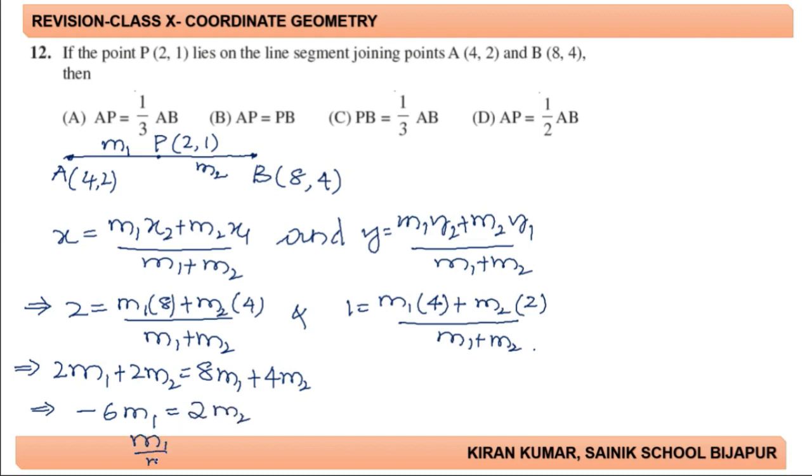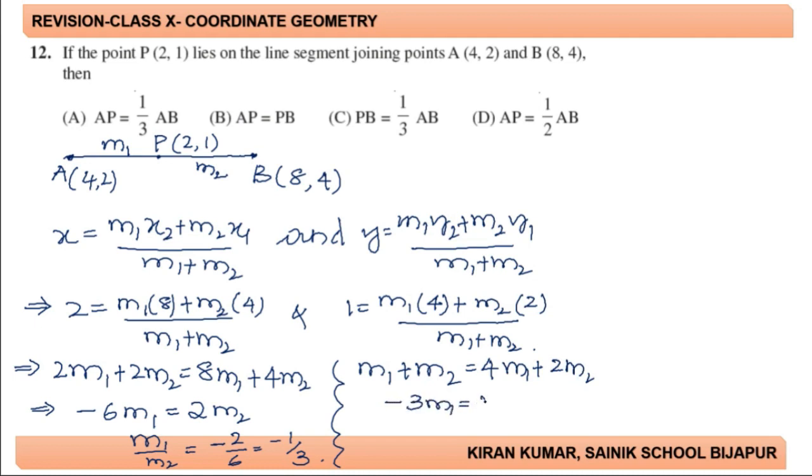So m1 by m2 is equal to negative 2 by 6, which is equal to negative 1 by 3. Same way, when we cross multiply, we'll get m1 plus m2 equal to 4 times m1 plus 2 times m2. We get negative 3 times m1 equal to positive m2. So m1 by m2 is negative 1 by 3.